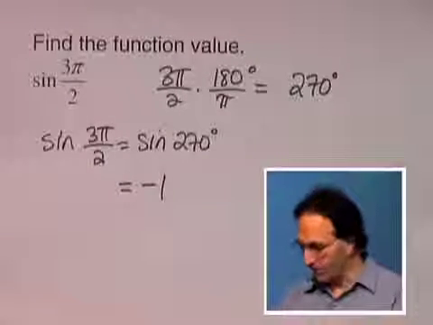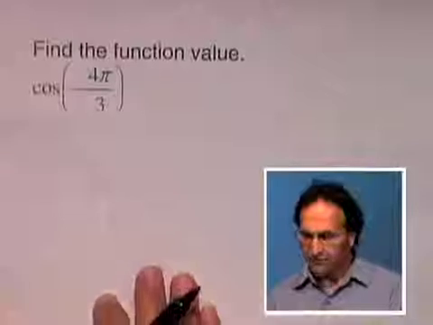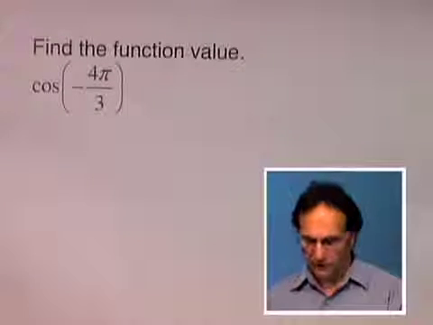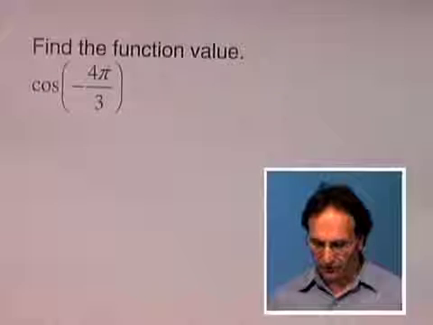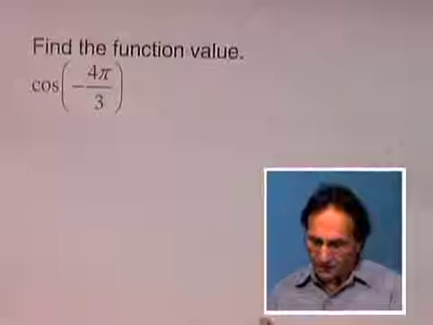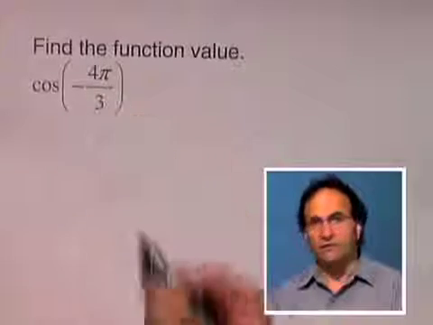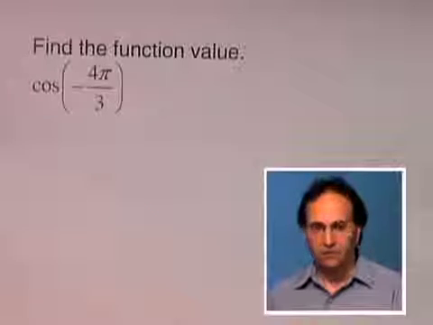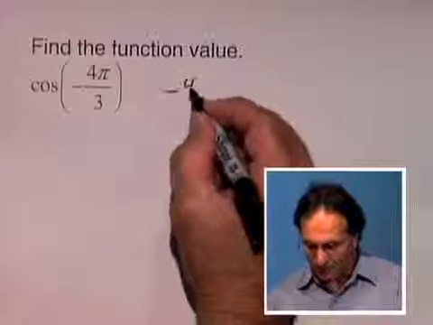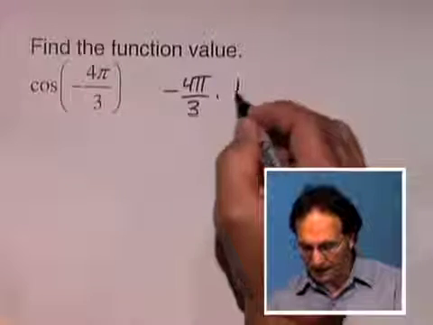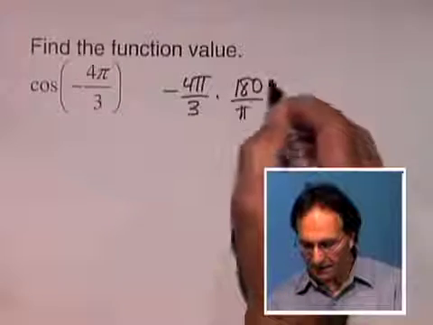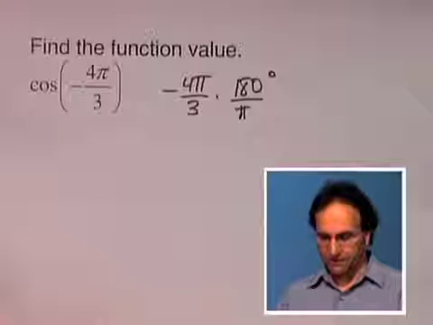Let's work one more. Find the function value for cosine of negative 4 pi over 3. First thing we'll do is to convert this to its equivalent degree measure. So negative 4 pi over 3 multiplied times 180 over pi degrees.